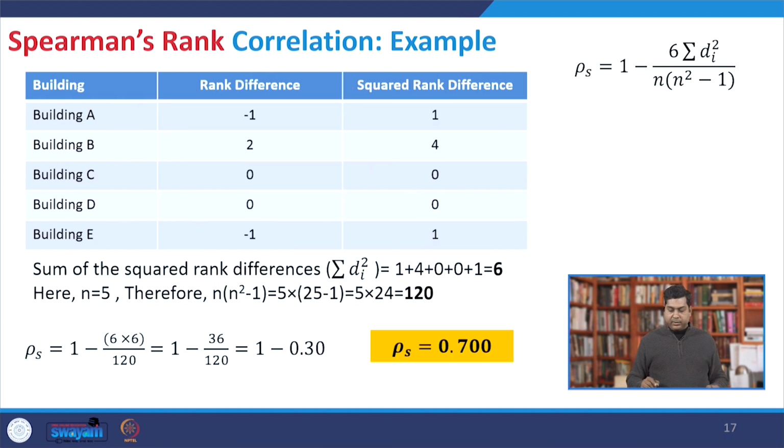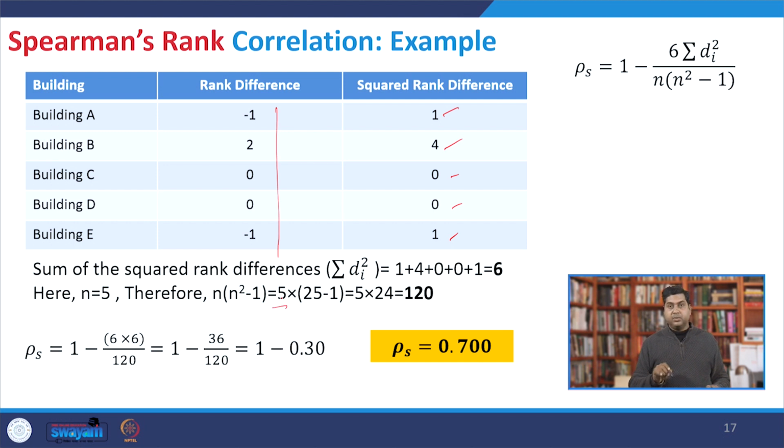So square of the difference will come into the next slide. So this is the difference as previous and this is the square difference, and then we take a summation, which is 6, then we have to multiply it, so that will be 36, and now the calculation for the new denominator, 5 into square 25.